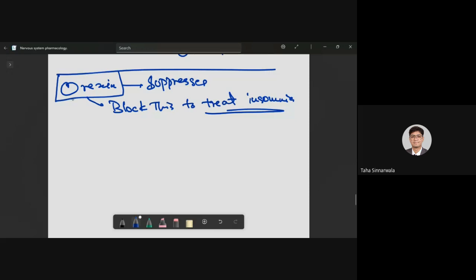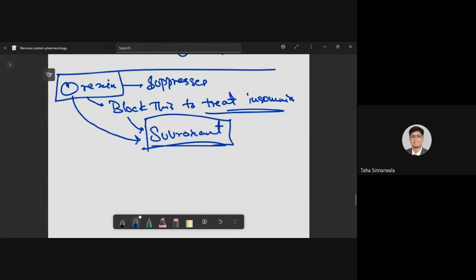The medication which blocks orexin is called suvorexant. Now, there is one very specific pathology in which orexin is implicated. Do you know what pathology that is?